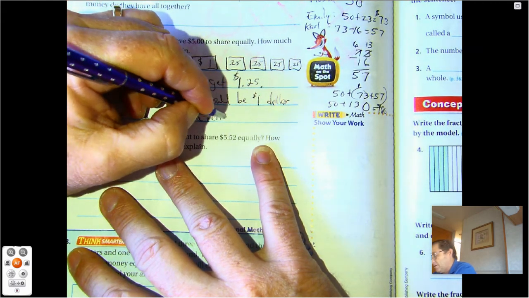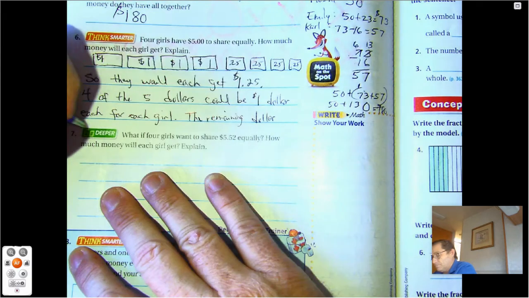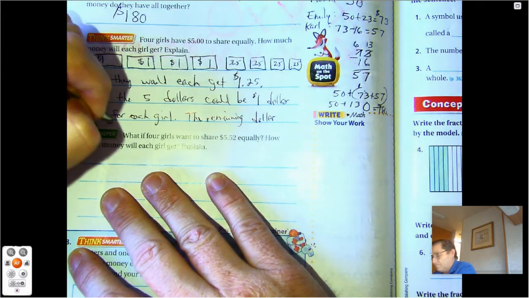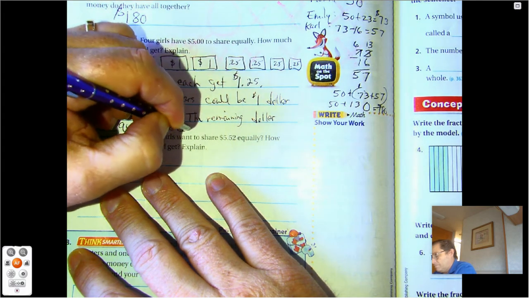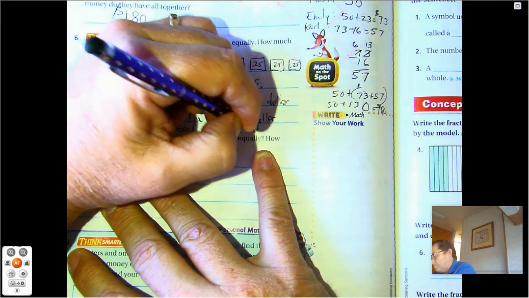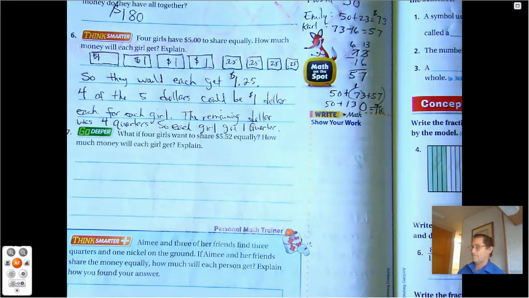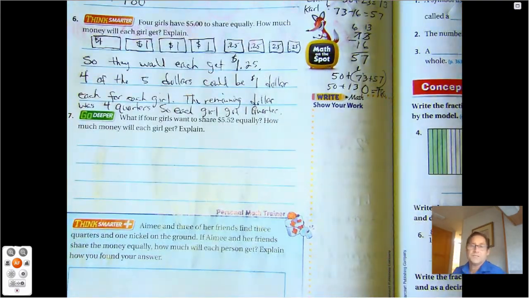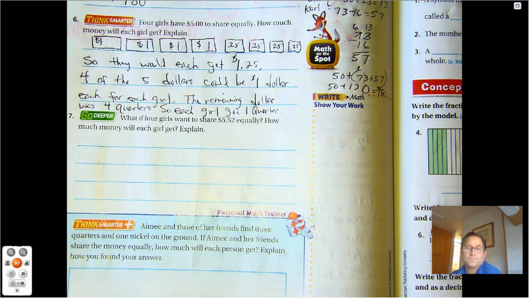The remaining dollar was 4 quarters. So each girl got $1 and a quarter.